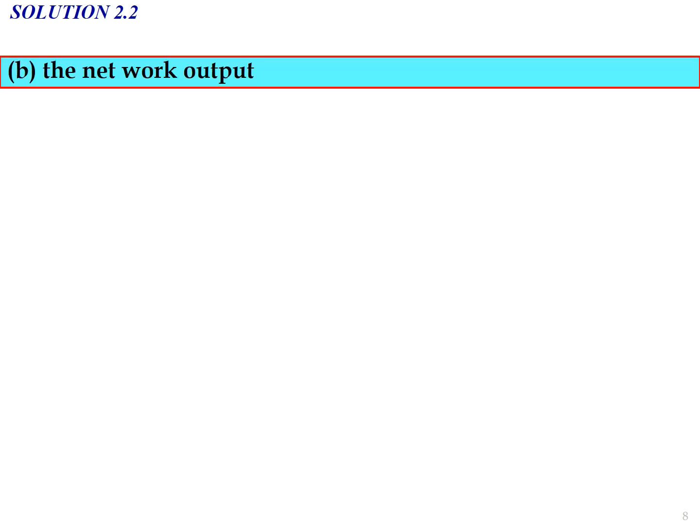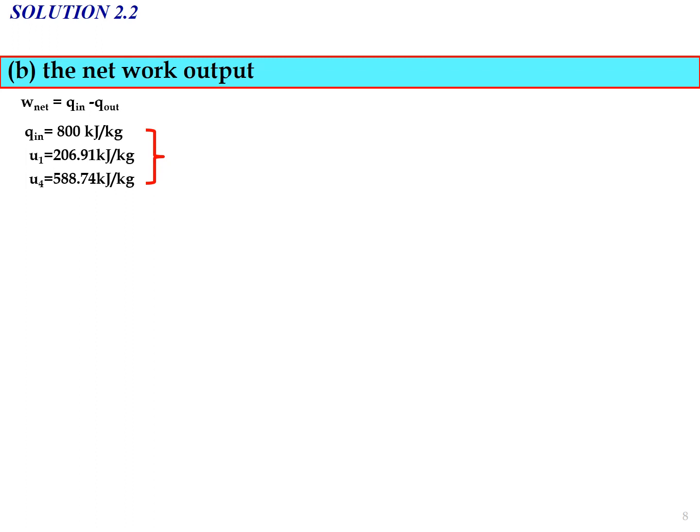Okay, the solution for question B, the net work output. So we know that the formula for W net equal to Q in minus Q out, where Q in is already given, which is equal to 800 kJ per kg. And now we need to determine the Q out value, where we need to use the value for u1, which is equal to 206.91 kJ per kg, and also the value for u4, which is equal to 588.74 kJ per kg.